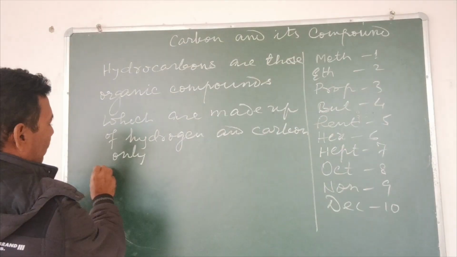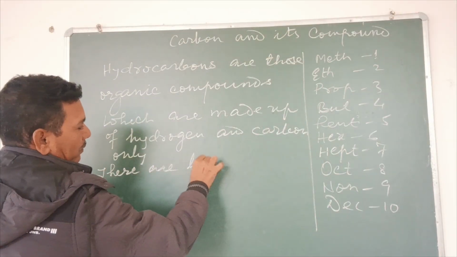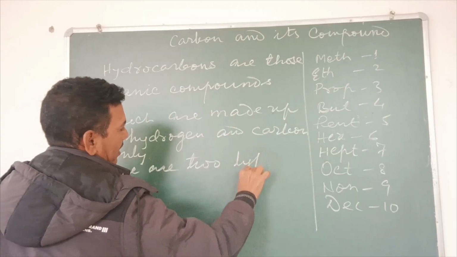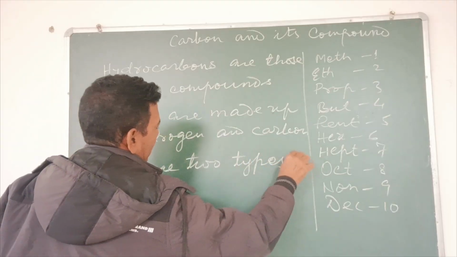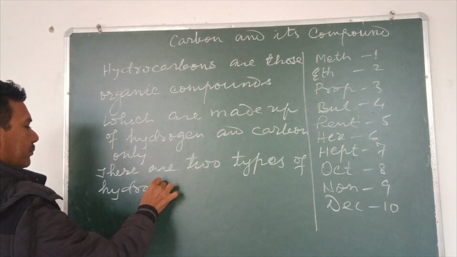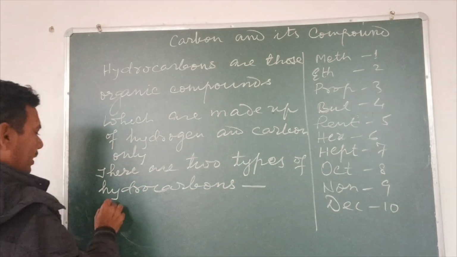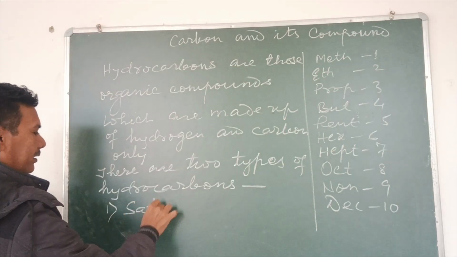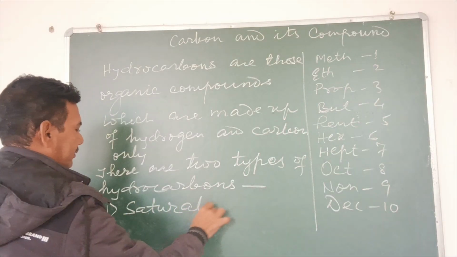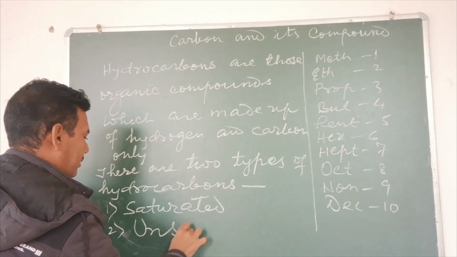There are two types of hydrocarbons. Number 1, saturated, and number 2, unsaturated.